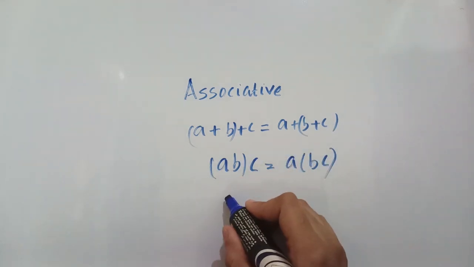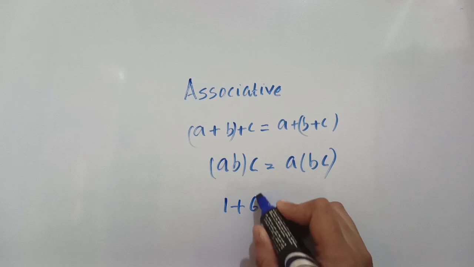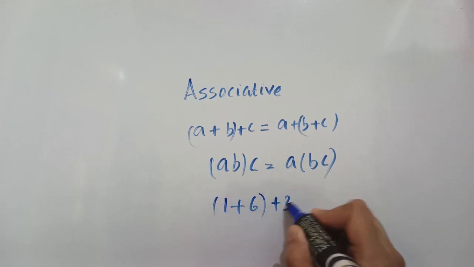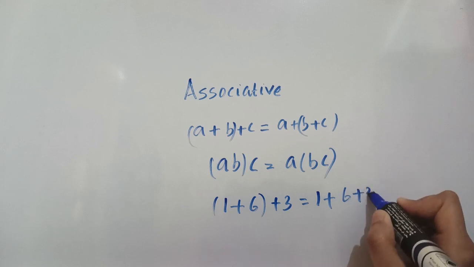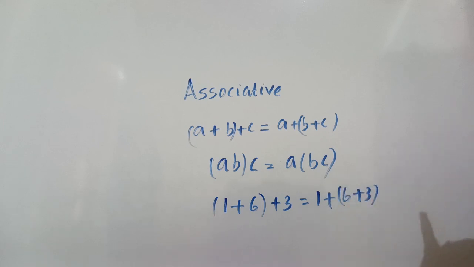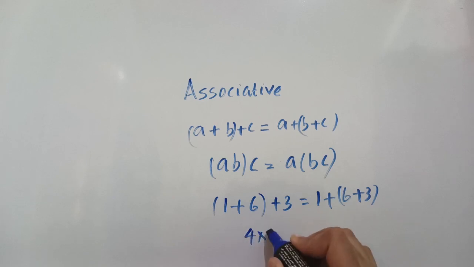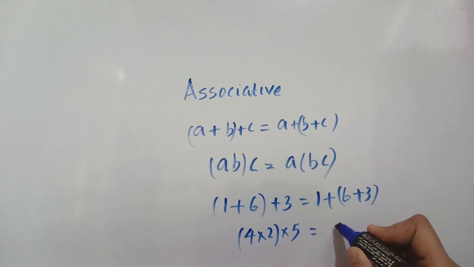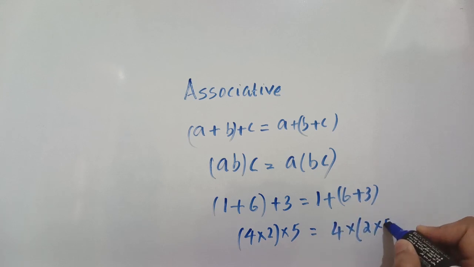For example, (1 plus 6) plus 3 is equal to 1 plus (6 plus 3). Also, (4 into 2) into 5 is equal to 4 into (2 into 5). We can add or multiply in any order.